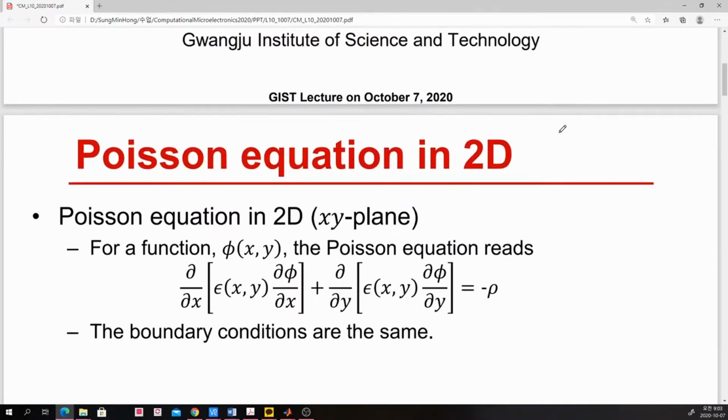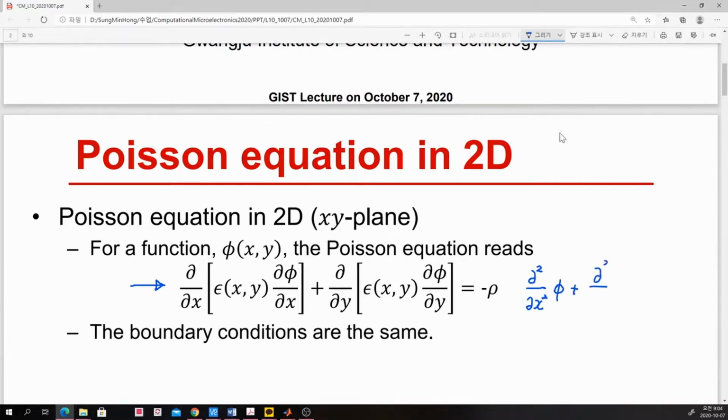When you talk about the Poisson equation in two-dimensional space, and if we explicitly write down the equation, it looks like this. Compared with the previous Laplace equation, it was something like this, phi plus phi equal to 0.